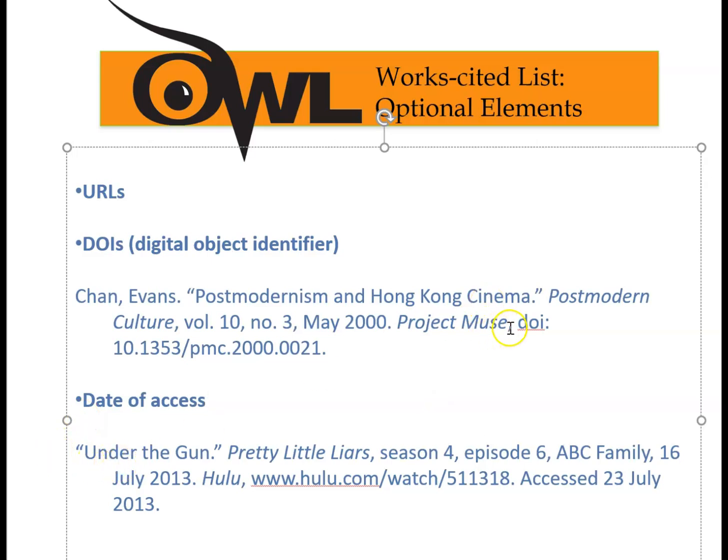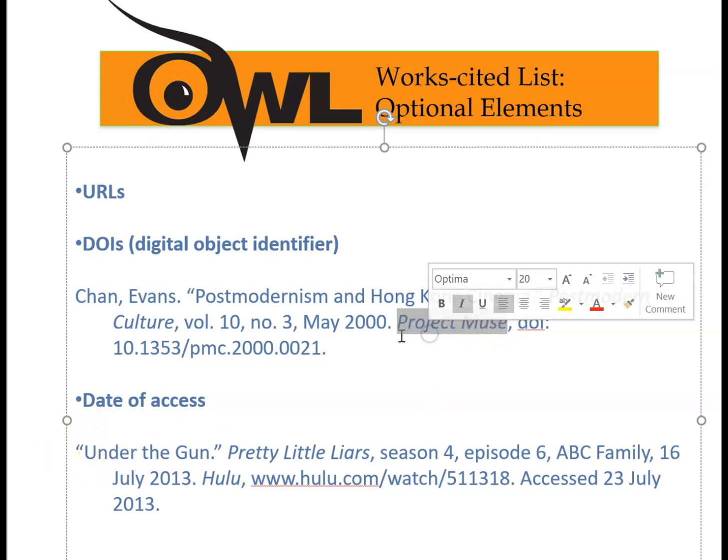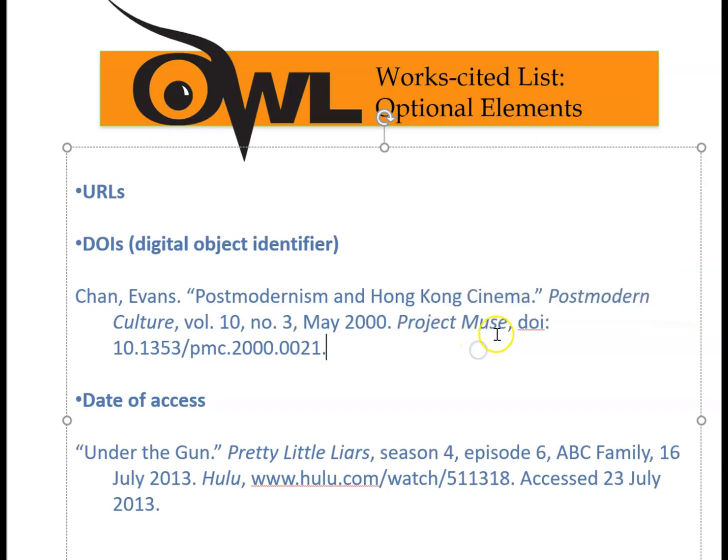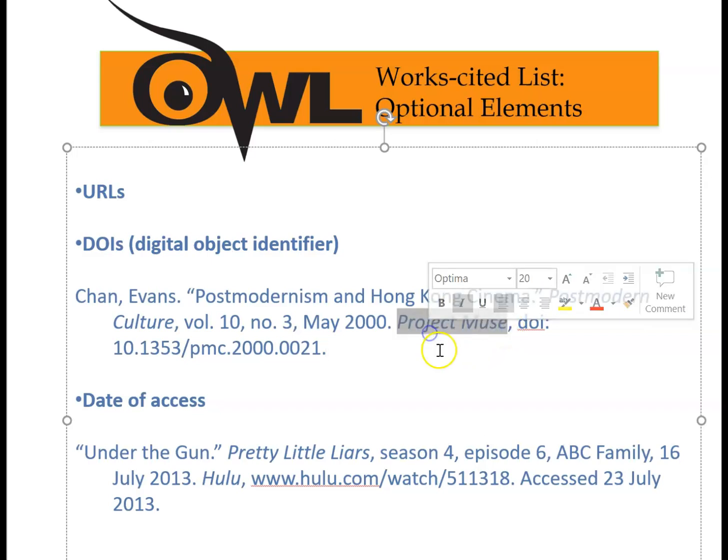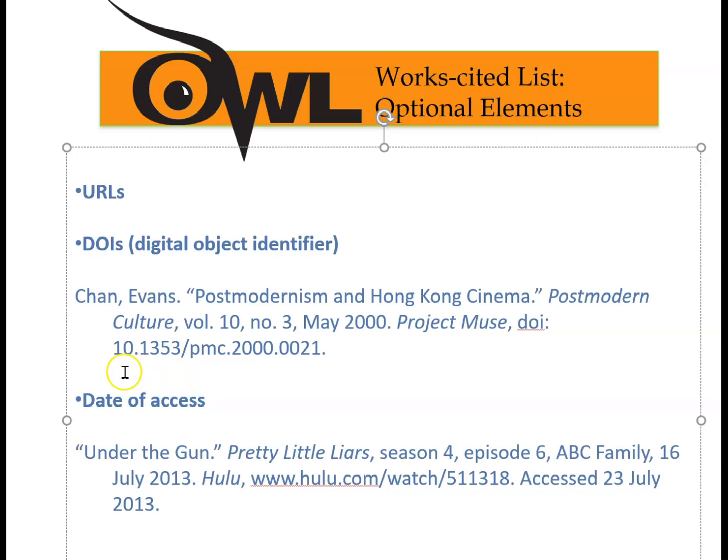And in this example here, there's a database used to track this article, so it was an academic article. And then the date of access as well, so the date you found the article. This is also helpful because sometimes websites expire or aren't saved past a certain date.